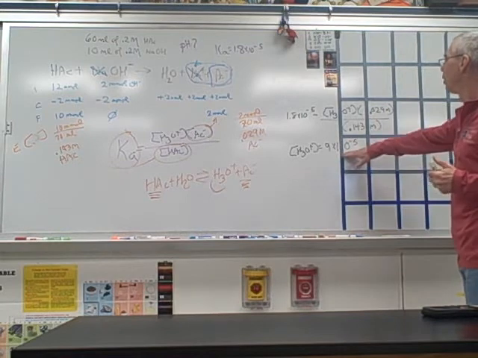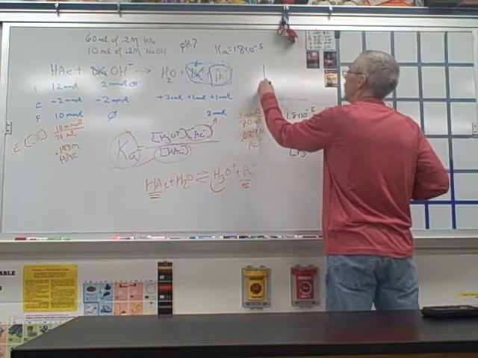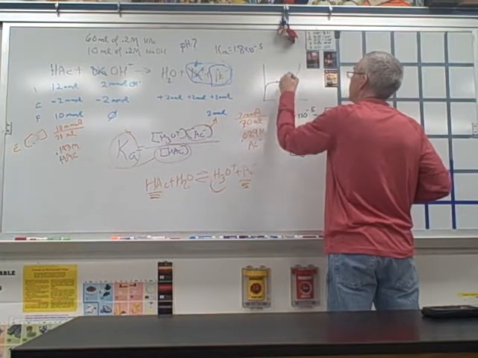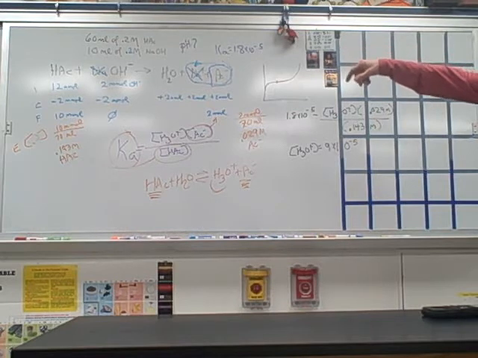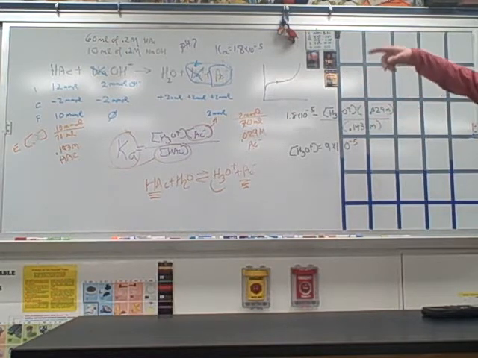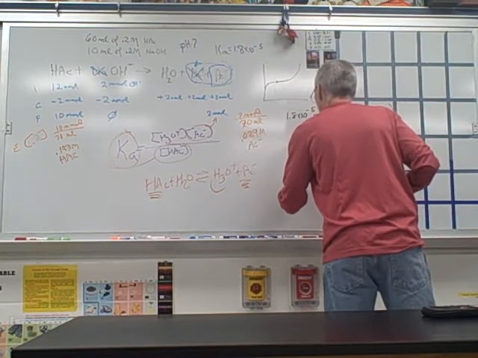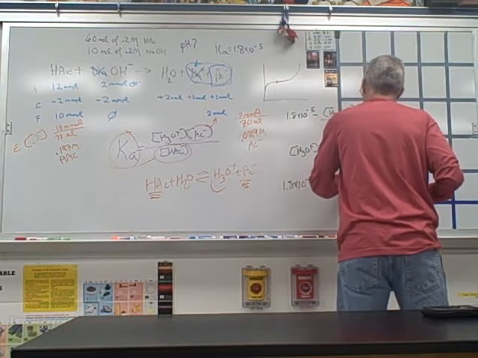Now, notice that if we started here, and we've already added 10 mils of the stuff, so we're someplace in here, notice the pH has hardly changed, because if you're just starting with pure acetic acid, it's not going to be that different. Okay, because notice what was the concentration to begin with? 0.2 molar acetic, so what was the pH of pure acetic acid at that point? Well, 1.8 times 10 to the negative fifth equals concentration H squared over 0.2, before we added any.